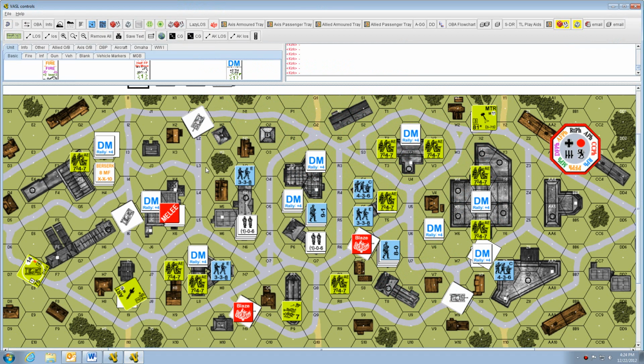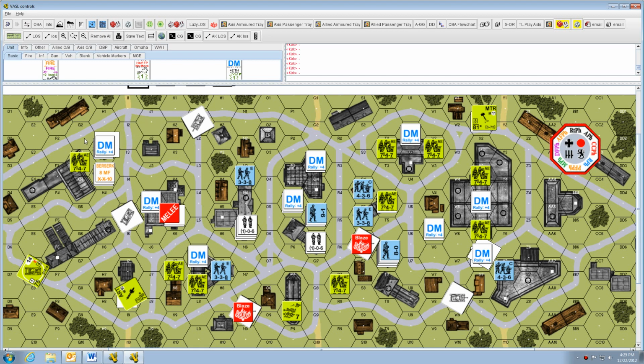So let's see if that rule applies to this unit here. In H2, yes, we can quickly see there's an American unit that is adjacent to it. So it must rout away if it can. If it can be interdicted or has to use low crawl to get away, then it will surrender at this point.